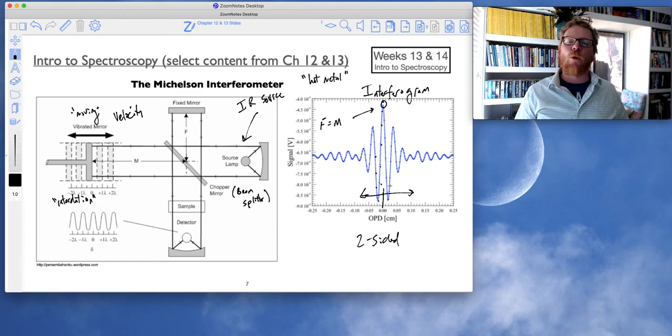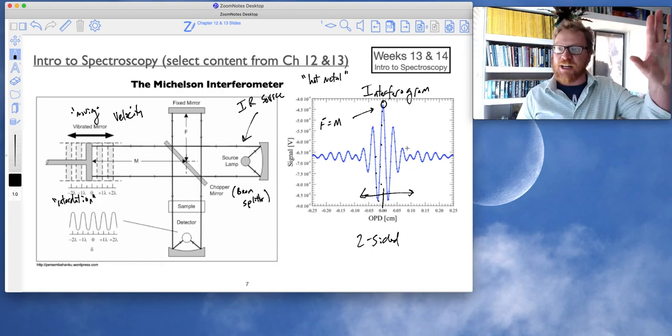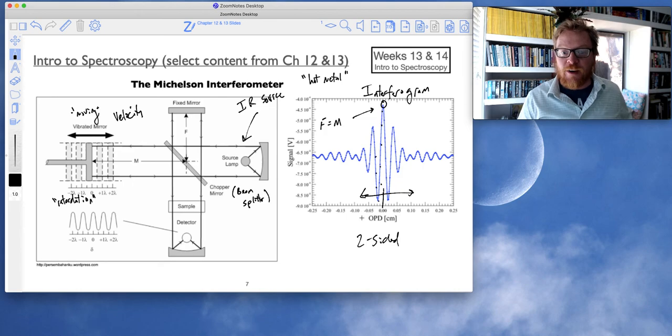The Fourier transform converts that into an actual spectrum. And when I was an undergrad, I used to think that process was just like magic. How you go from this figure into an IR spectrum, it's kind of amazing. It's what we're going to be doing in our Math 3 assignment. So that should be very cool.